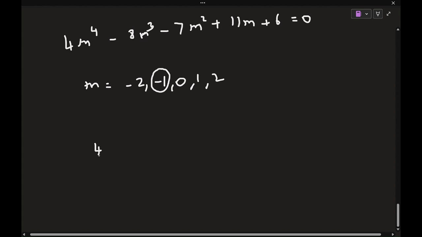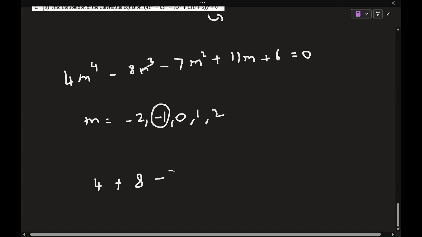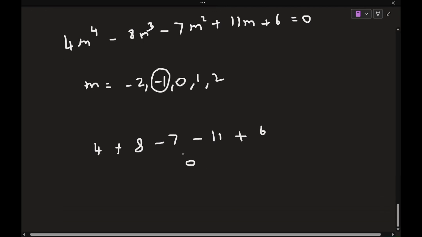This will be 4 minus 4 plus 8, then -7 minus 11 plus 6, and when you add everything you get 18 minus 18, which is 0. That means m equal to -1 is a root.